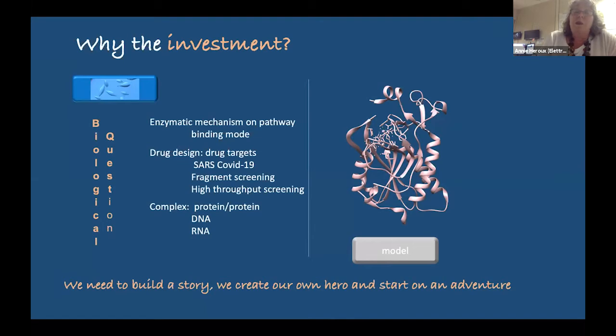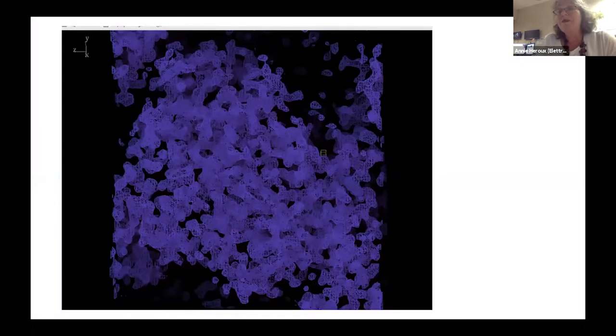So most people are used to seeing those structures. They're basically standard, this ribbon representation of a protein at this point. But in reality, what you get is more something like this, which is not necessarily very obvious for people that don't stare at that all day long.